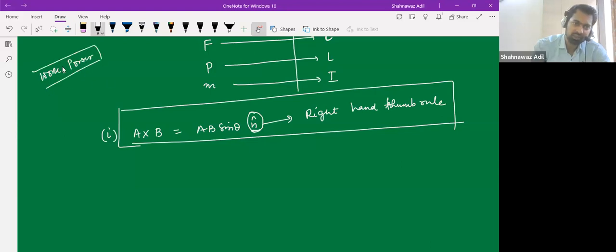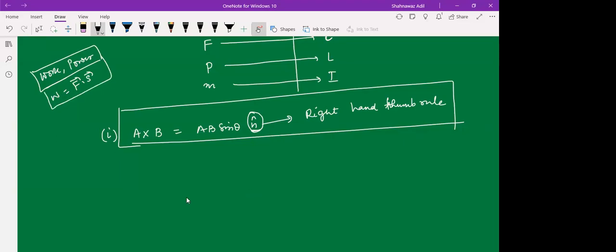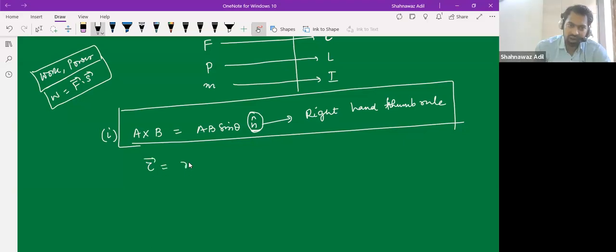Work is F dot S. Similarly, torque is R cross F, which is called moment of force. When I discuss these, I will talk in detail. And angular momentum is R cross P.